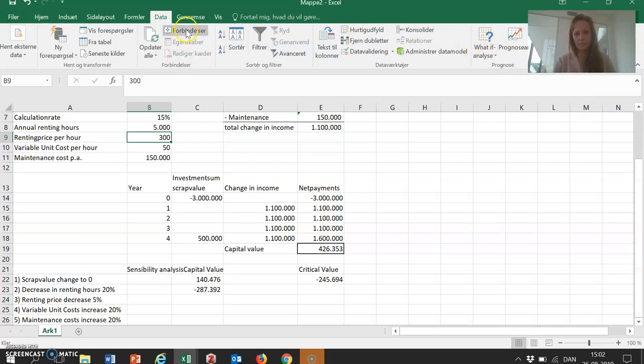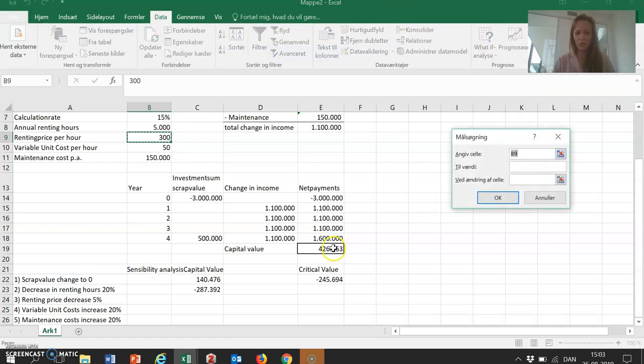Go into data over here, the what if analysis, goal seek, and we want the capital value cell to reach the value of 0 by changing number of renting hours.